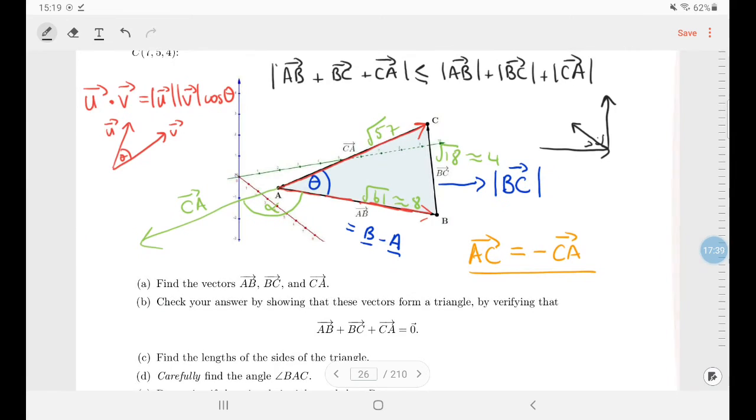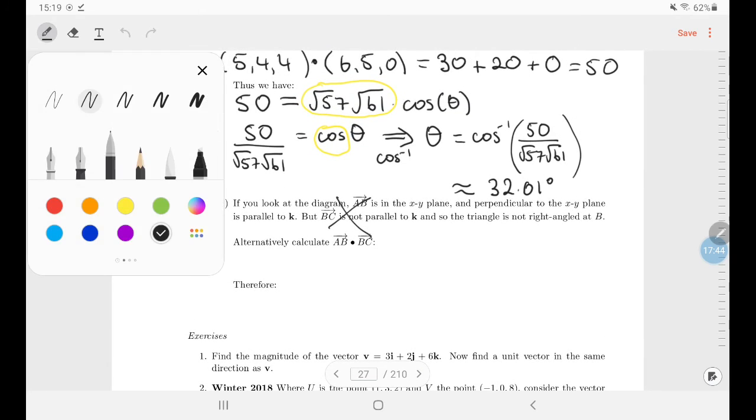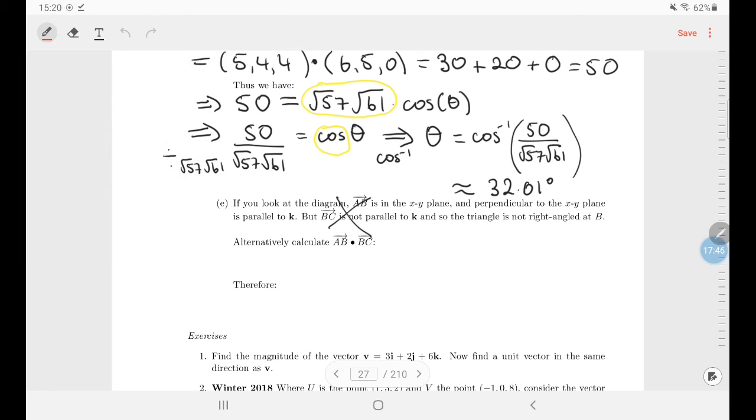So maybe I'll just write down, if that's not convincing to you, I'll describe the other way of doing it. So if you're not happy with that, you can calculate the angle at B using, now you probably could use sine rules and cosine rules if you have them in your locker, but we'll try and focus on vector methods. So you could actually do that if what I'm saying is not convincing, because I wasn't convincing there.